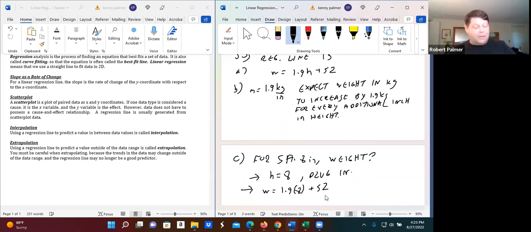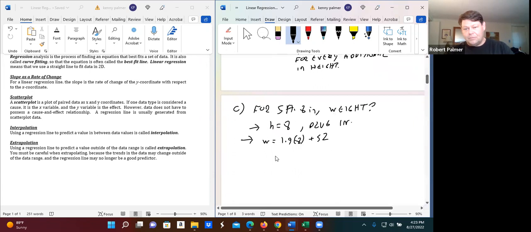If we plug that into a calculator, 1.9 times 8 is 15.2, plus 52. Make sure you check this on your own. It should be 67.2 kilograms.